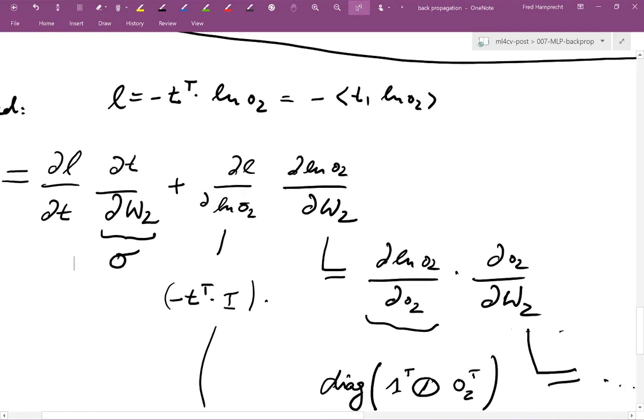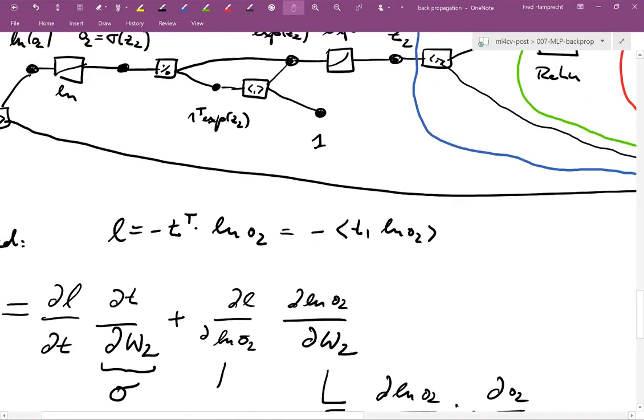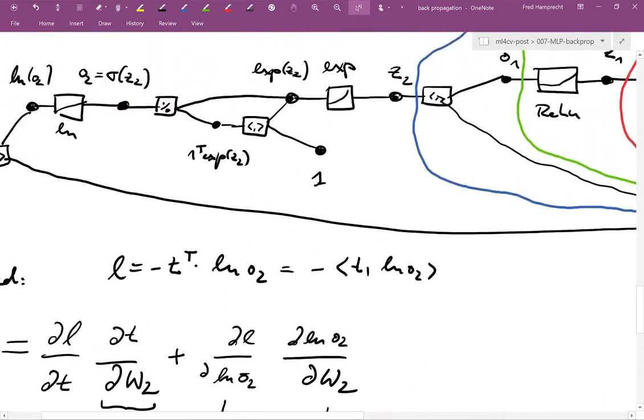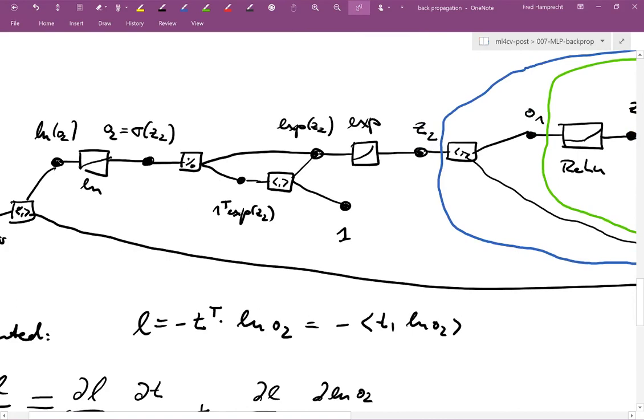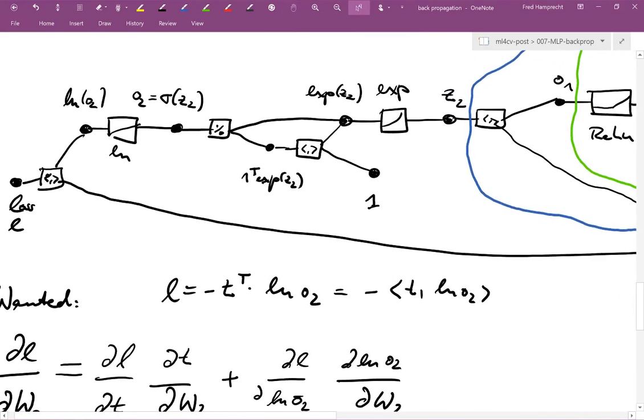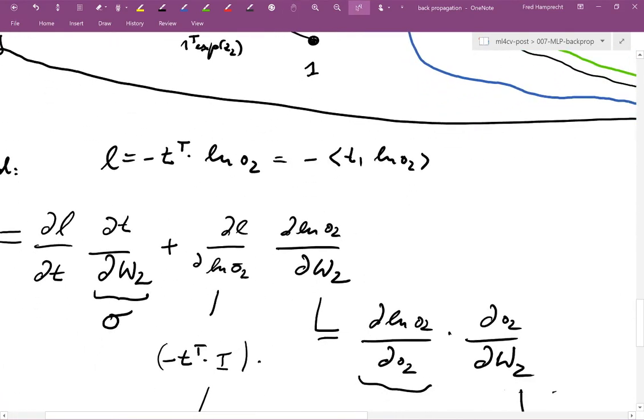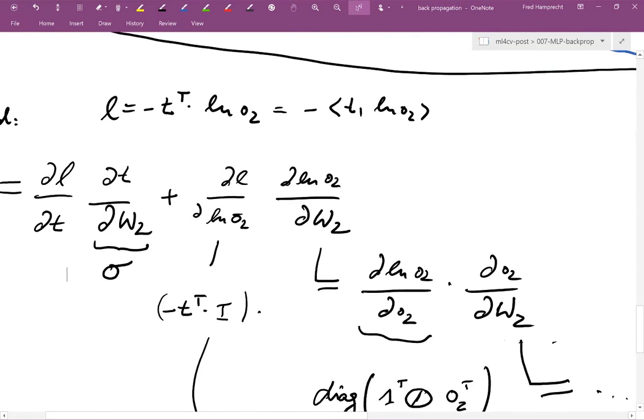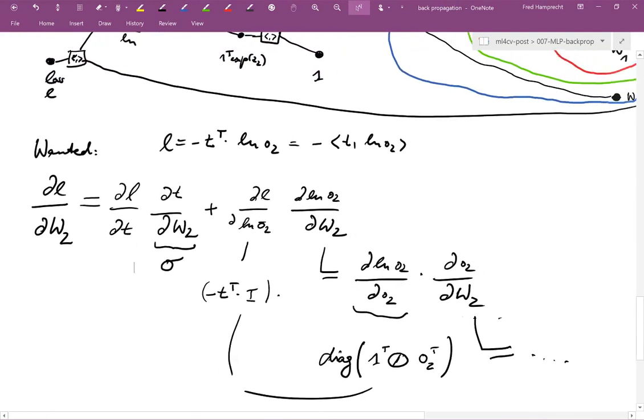And then on the right-hand side, natural logarithm O2 with respect to W2. I look at my graph. I see what this ln of O2 is composed of, and so on. So I use the chain rule again. And this is all I do. Just apply the chain rule recursively.